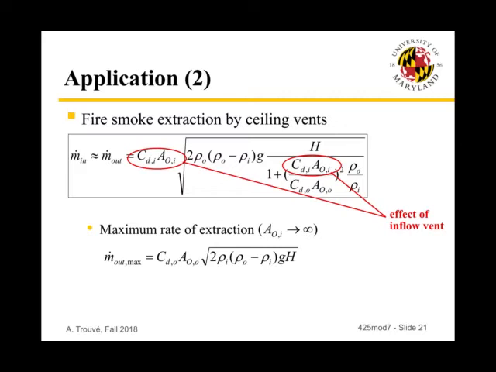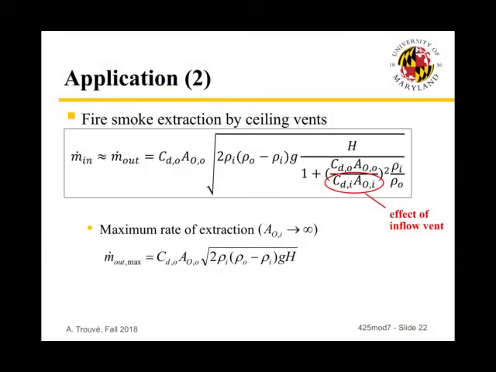This might be surprising at first sight. I mean, we expect the rate of smoke extraction to be clearly affected by the properties, especially the surface area of the ceiling smoke vent, but we don't necessarily expect a significant effect from the lower vents. However, this expression shows that the lower vent plays a role.